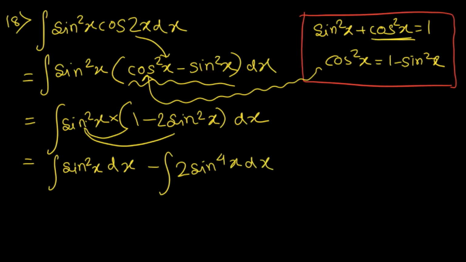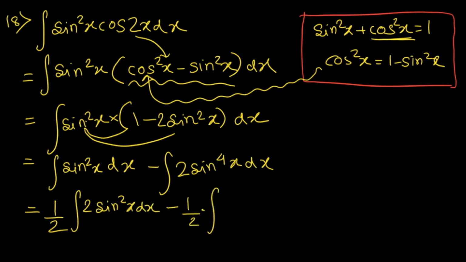So we obtain a term here, sin square x. We can write it as half into integration of 2 sin square x dx, and again half into integration of 2 sin to the power 4 x, which gives the formula of (2 sin square x) whole square dx.